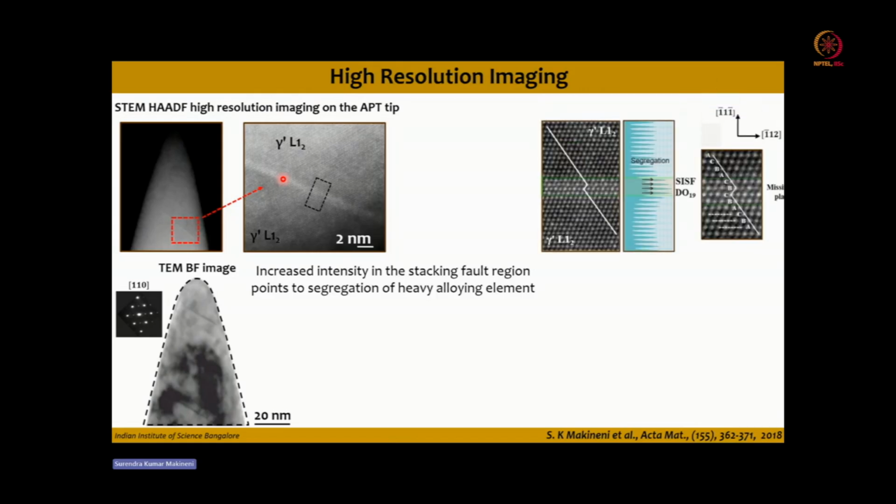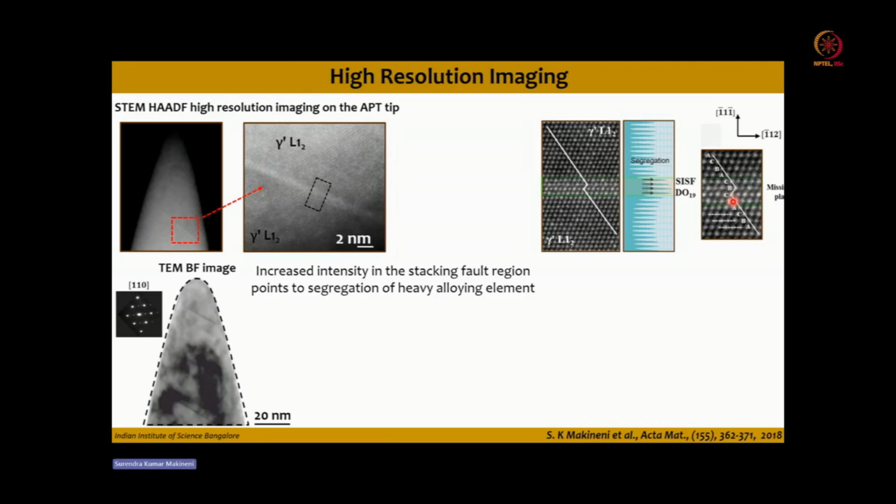If you take the structure of these stacking faults, you can see that these are the atomic columns. And at this region, you can see there is a change in the sequence of the atomic structure. So if you map the ACB, you can see there is a missing A plane at this location.